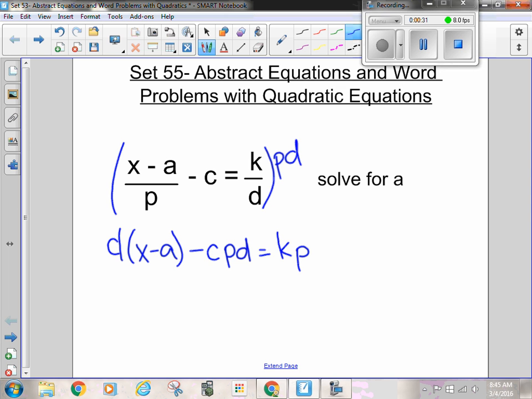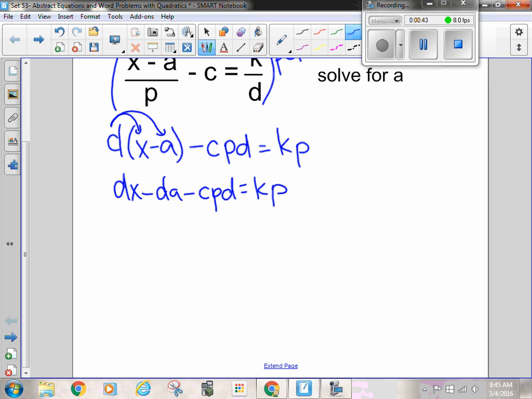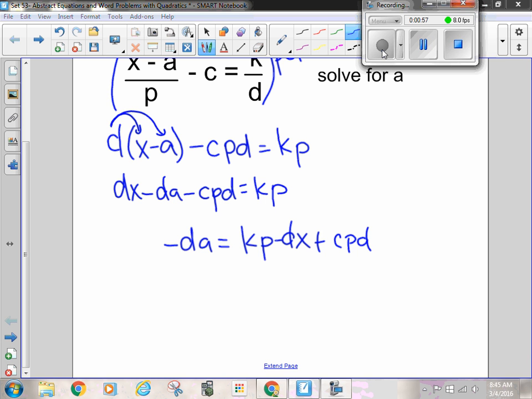Okay, and so I'm solving for A. So I need to distribute in the D and get dx minus dA minus CPD equals KP. Okay, we're going to move everything over that doesn't have an A in it. So I'm going to subtract over my dx and add my CPD. And then I'm going to divide everything by negative d.